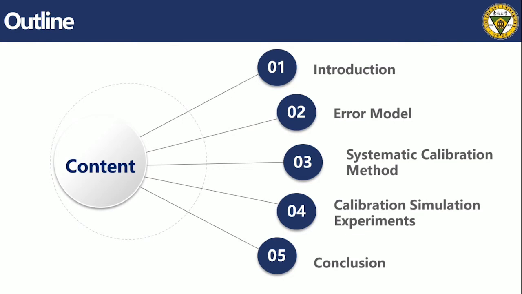The third part describes the systematic calibration method. In this part, a multiple position rotation error excitation method and a 33-dimensional Kalman filter are designed for the high precision estimation of error parameters under both static and small angle swing bases. The fourth part shows the simulation experiments for the systematic calibration under both static and small angle swing conditions, including error estimated results and compensation performance analysis.